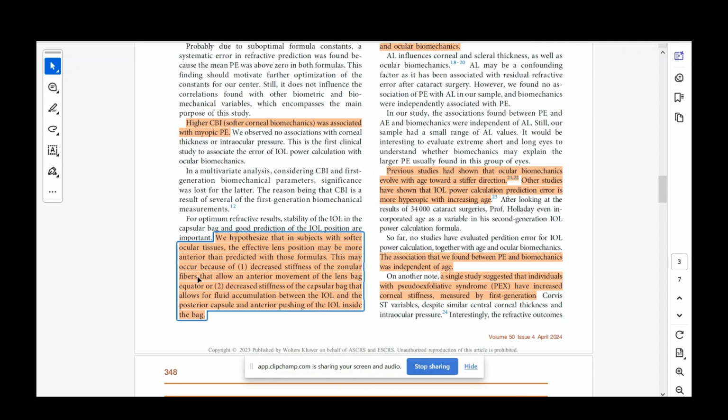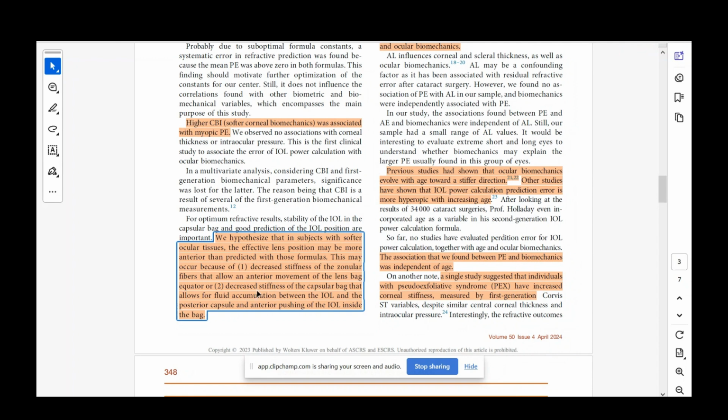You cannot measure zonular fiber stiffness, but they are linking it to the corneal biomechanics. If you have decreased stiffness of the zonular fibers, you might have an anterior movement of the lens towards the cornea. When you have an anterior movement, you have a myopic surprise.